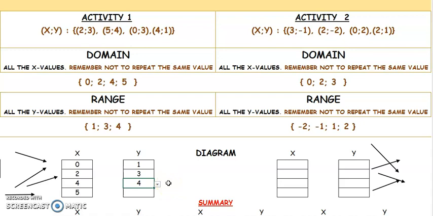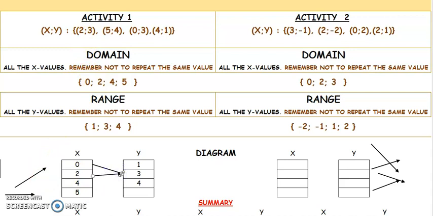Next, I'm going to use my arrows and join up my coordinates. From 0 I see 0 and 3 is a coordinate, so it's going to be 0 and 3, like that. Then I see 2 and 3 is a coordinate, so it's going to be 2 and 3, like that.